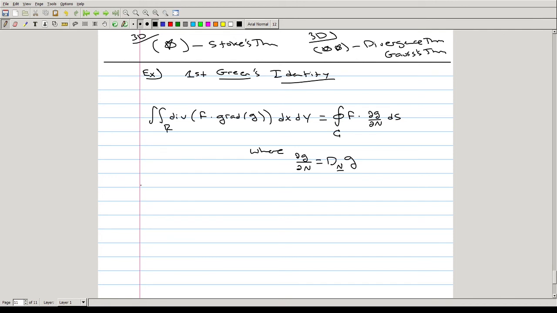So to prove this, we're going to apply Green's theorem in divergence form. Sorry, not Green's first identity. We're going to prove Green's first identity. We're going to apply Green's theorem in divergence form, with G equal to the function f times the gradient of g.